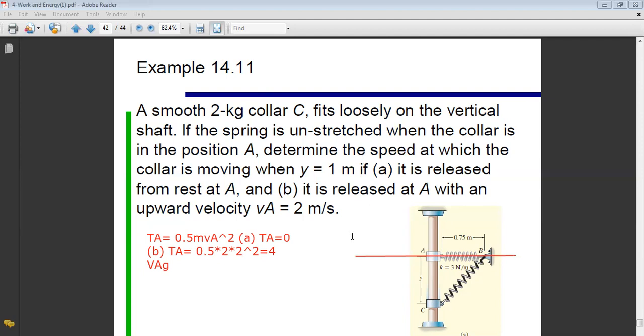So since I selected my datum at the initial position of A, VA gravitational will be equal to 0. And as I told you before, the choice of your reference will not affect your result, because at the end what you care for is delta Y. Whatever my reference is, delta Y will be the same.